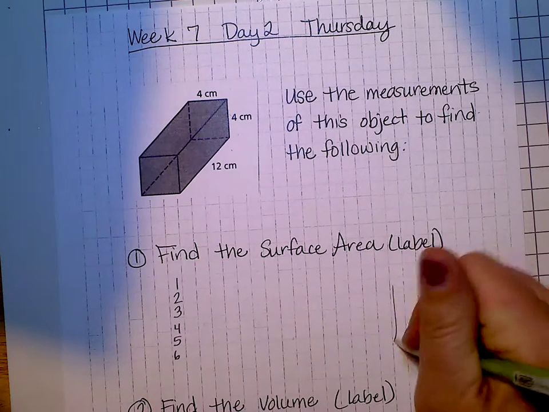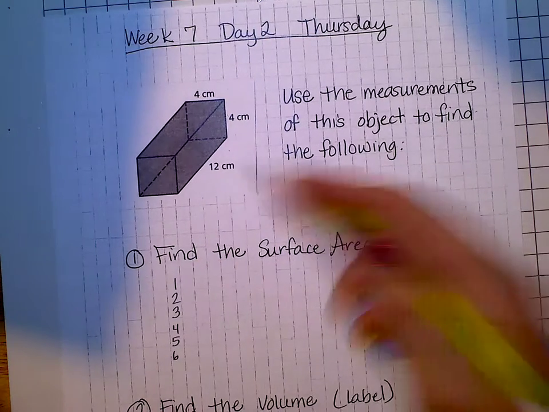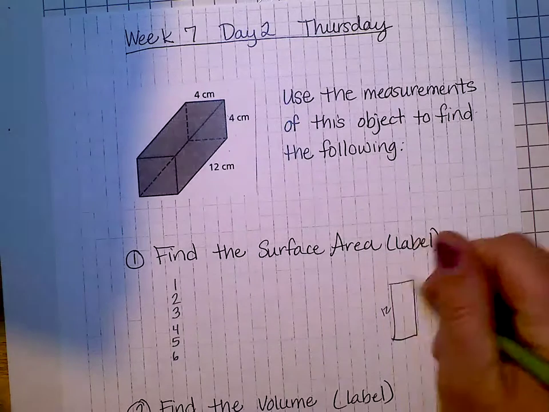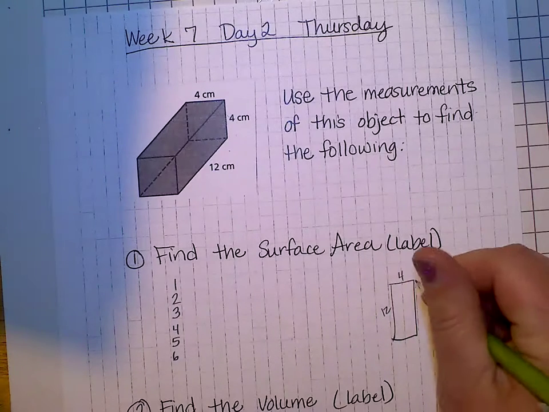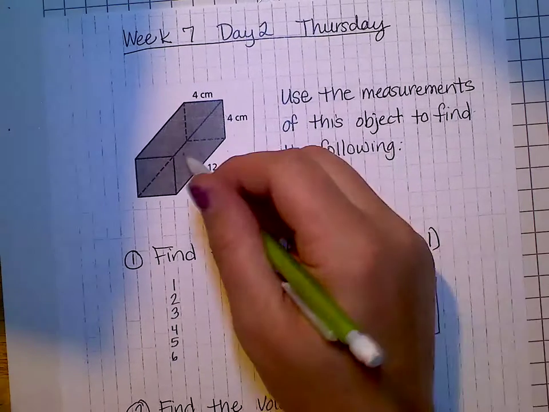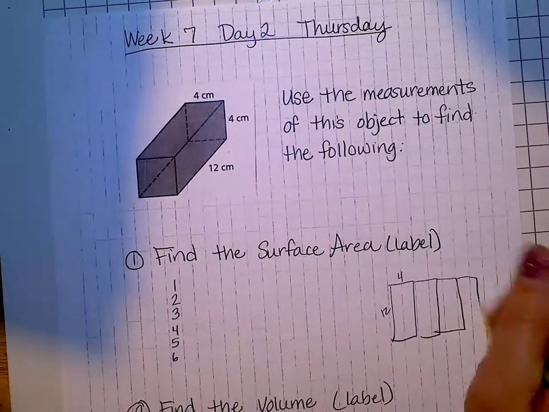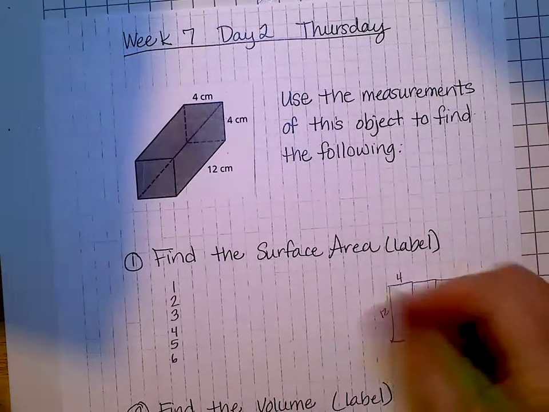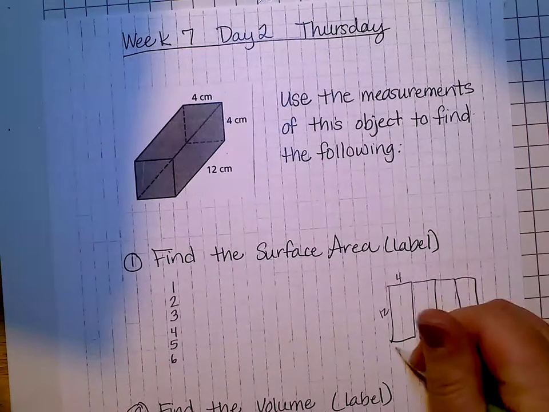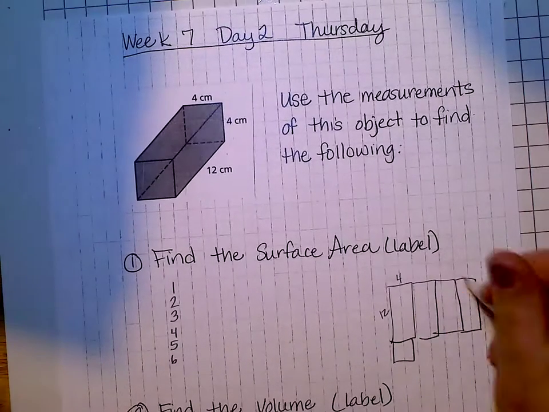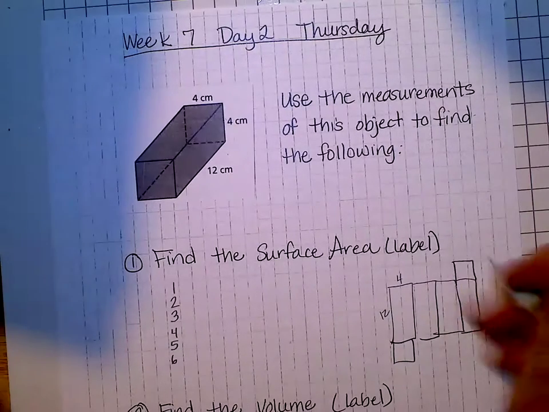And I'm just going to pretend there's the one side, so this is 12 by 4, and then we have actually 1, 2, 3, 4 of those sides. And all of them are 12 by 4s. And all of these pieces on the ends, that would be the top and the bottom.